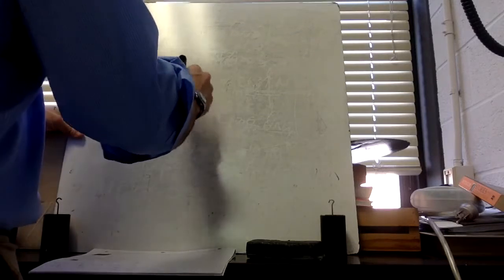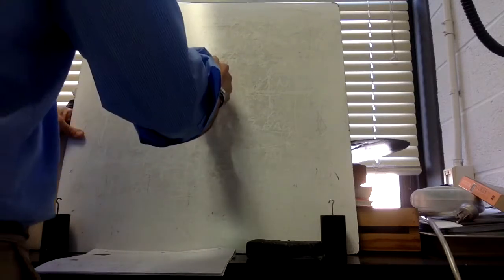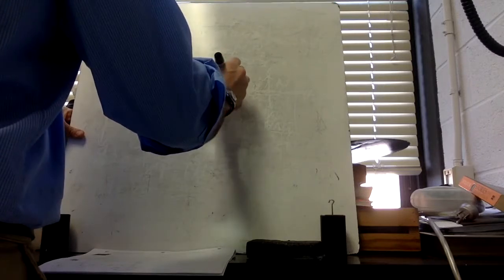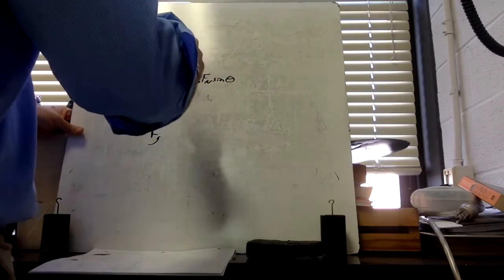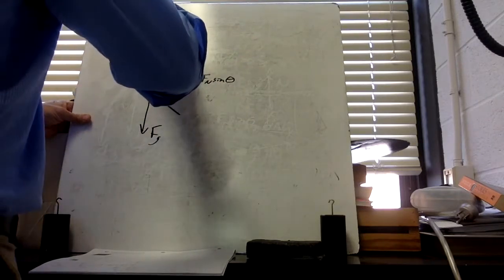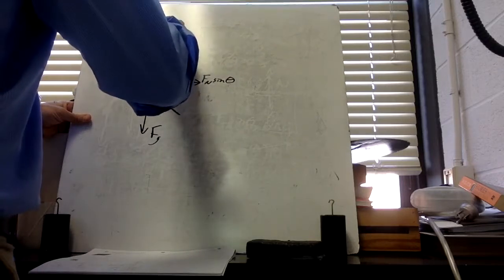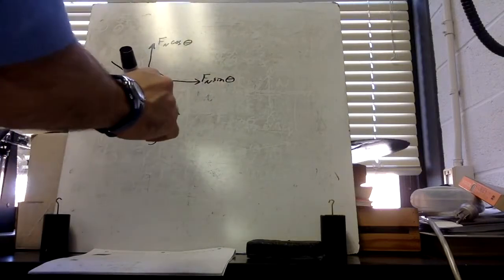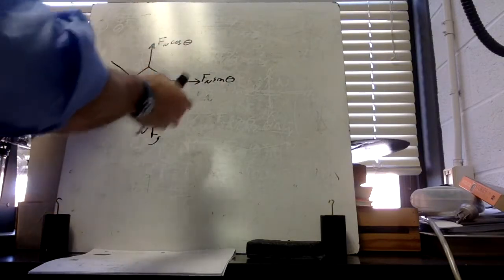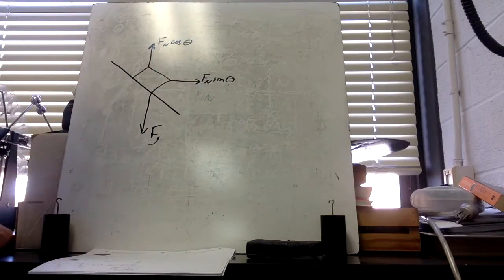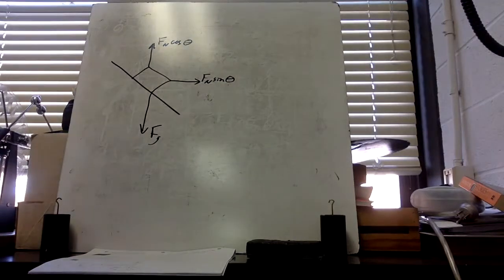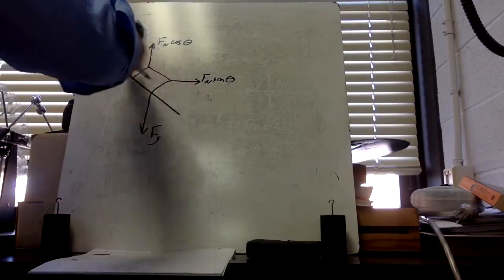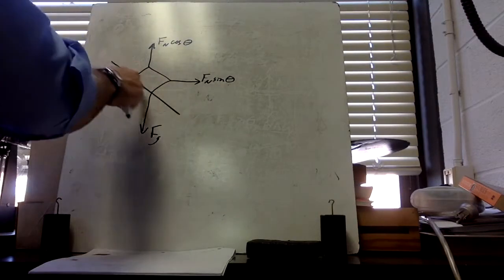This then is going to be Fn sine theta. And this has got to be Fn cosine theta. Now notice we're doing the opposite of what we had done before, because before we resolved everything horizontal and perpendicular to the inclined plane.